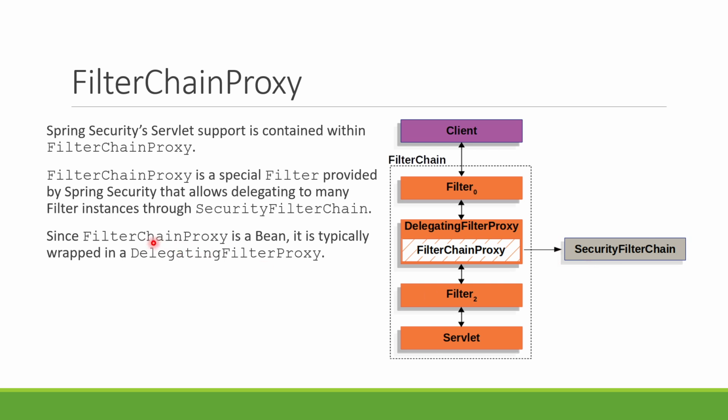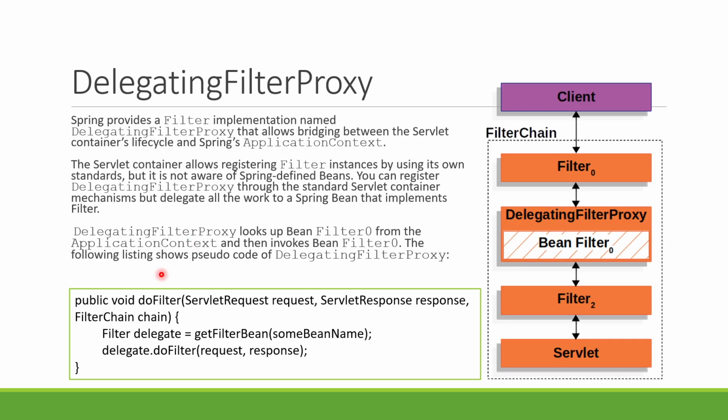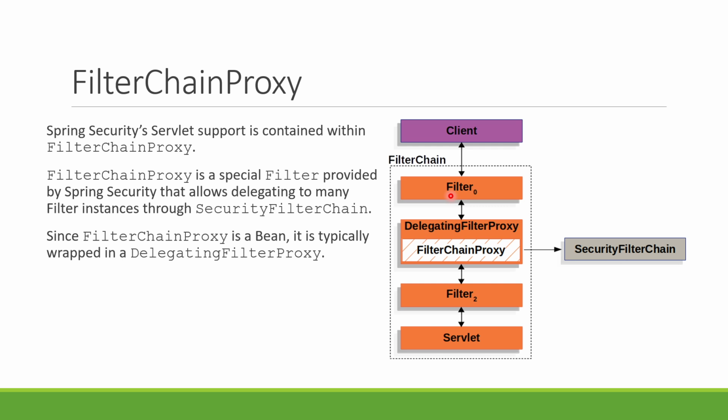And this FilterChainProxy is a bean, which is this one filter, this bean filter, inside delegating filter proxy. For us in the future, when we configure Spring Security, we don't deal with this part. We only deal with the security filter chain part.